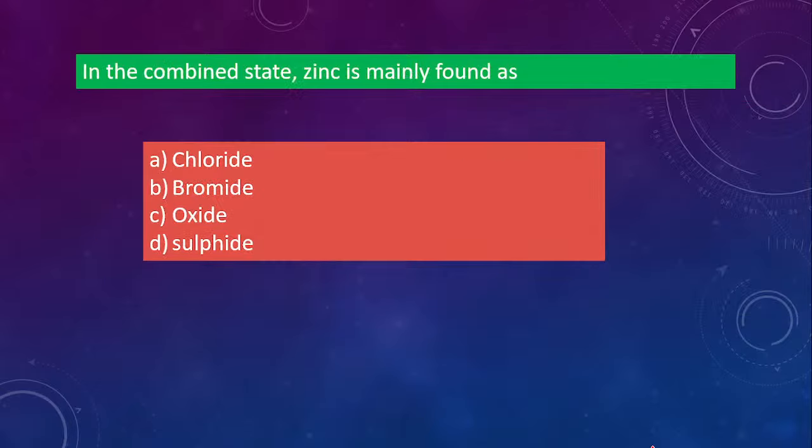Let's move to the next one. In the combined state, zinc is mainly found as. In the combined state, zinc cannot exist as single because it's a reactive metal. So in combined state, it will react with what? Will it be chloride, bromide, oxide, or sulfide?